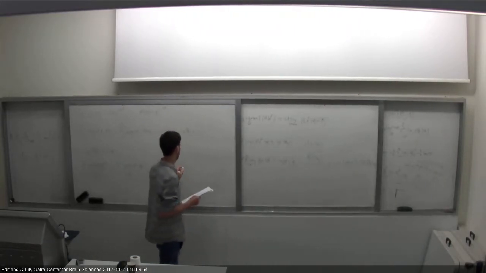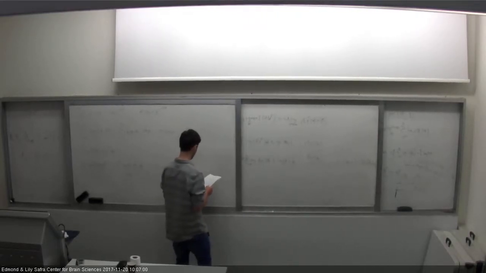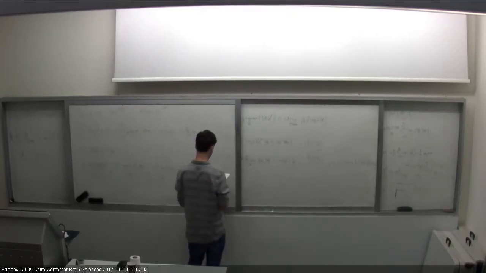And this is equal to n divided by theta minus sum over xi minus 1.